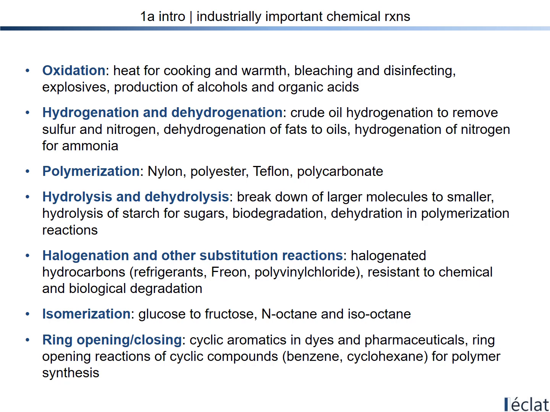Okay, so here is the list of industrially important chemical reactions. There are several categories of chemical reactions. The first one is oxidation, hydrogenation and dehydrogenation, polymerization, hydrolysis and dehydrolysis, halogenation and other substitution reactions, isomerization, and ring opening and closing.